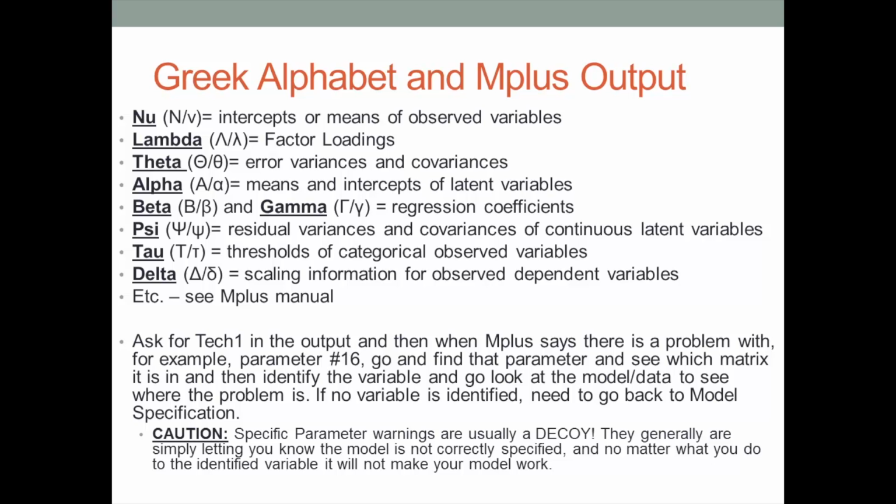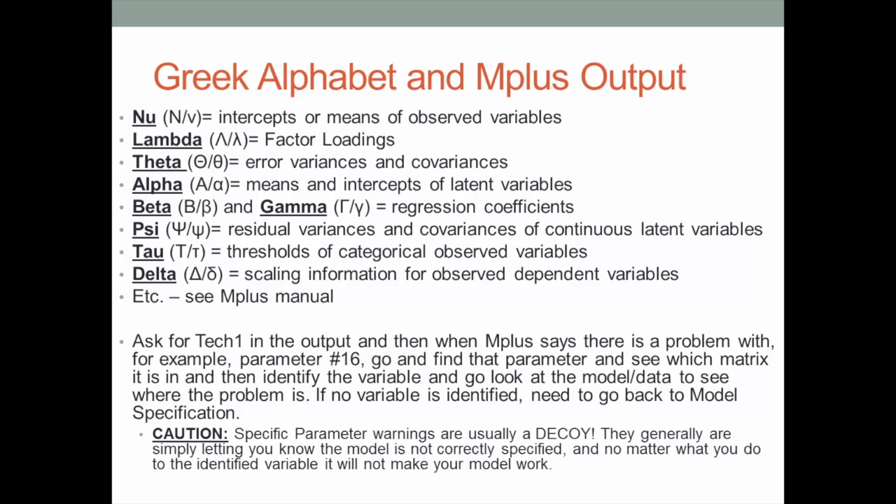And then you could ask for the Tech1 output, and look at which is parameter 16. And you could use this little Greek alphabet coding to say, okay, number 16 happens to be in the lambda matrix, so it must be one of the factor loadings, and so then I know what the problem is.